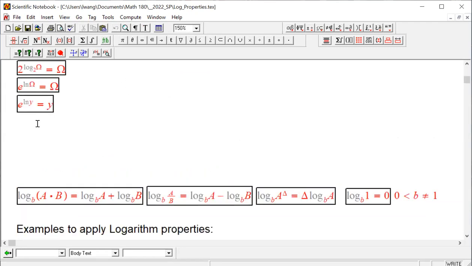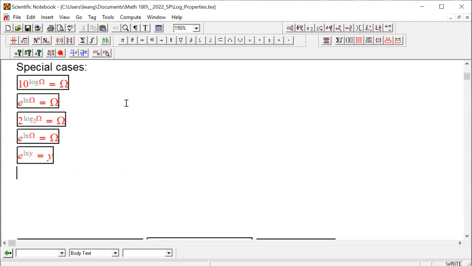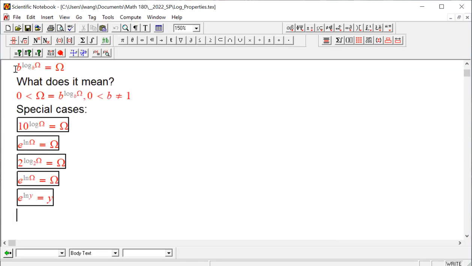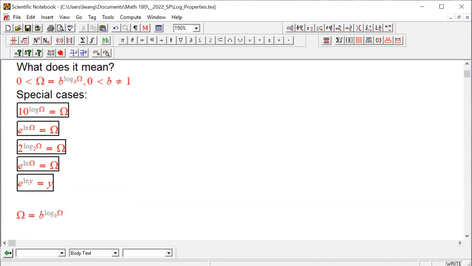Let me give you some other examples. We just mentioned any positive number can be represented this way, right? So you say, hey, let me give you a positive number and express it for me. Sure, I can represent 1, for example, as b to the power of log base b of 1.